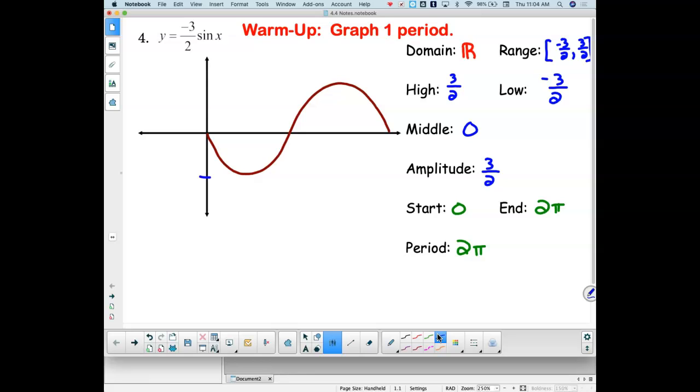We have to label our axes vertically 3 times, horizontally 5 times. So we start with the low, then we go to the middle, and then we go to the high. So high, low, and middle are all on there.